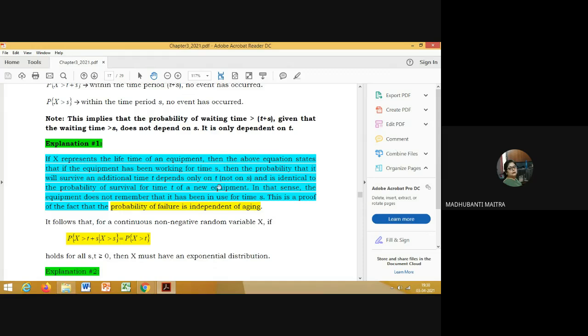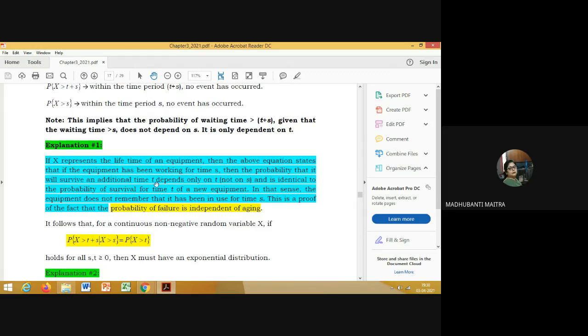Should I repeat? The memoryless property means the equipment has completely forgotten that it has already worked for this particular time duration, which is s. So it is as if we are trying to find out the survivability of a new equipment for this time period t.